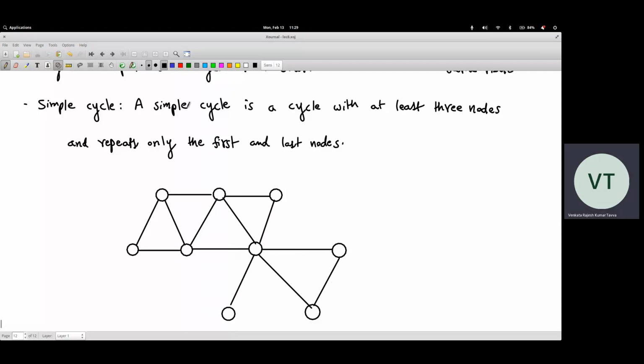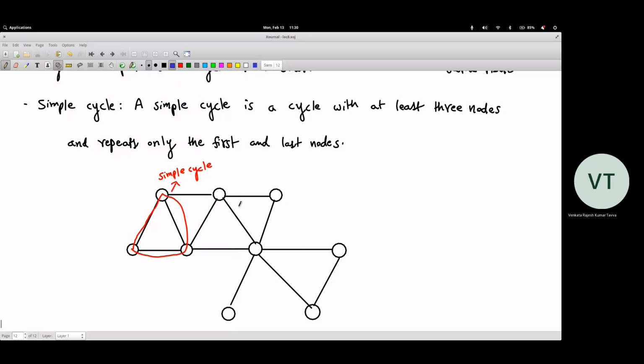Now, suppose I just visit these three nodes. This is a simple cycle.